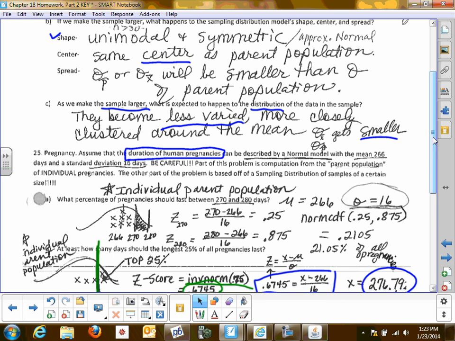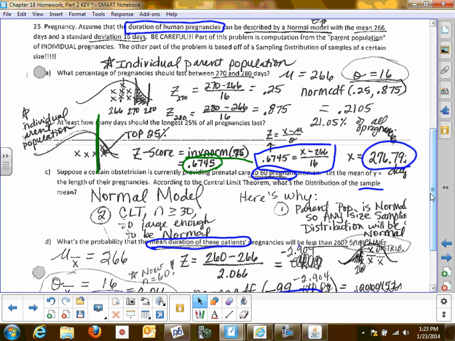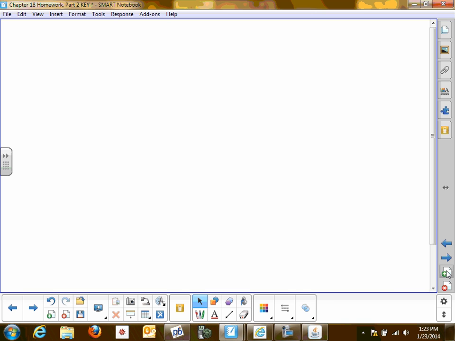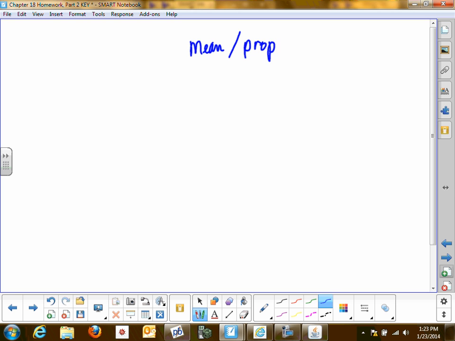Now, 25 takes you through making sure you catch which standard deviation you need to use when you do your computation. Let me tell you something. When you read a problem, you should think of two things. First, is this a mean or a proportion problem?